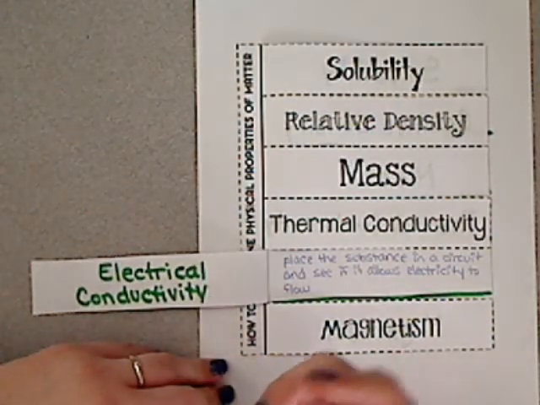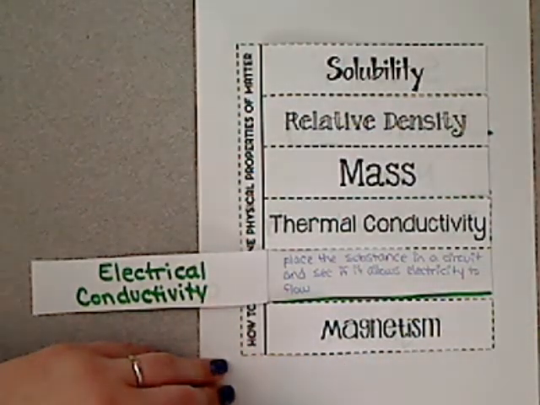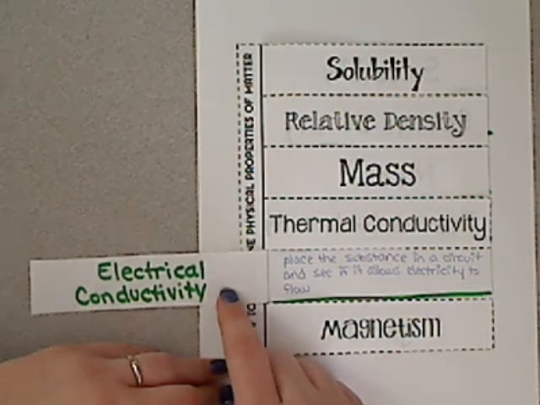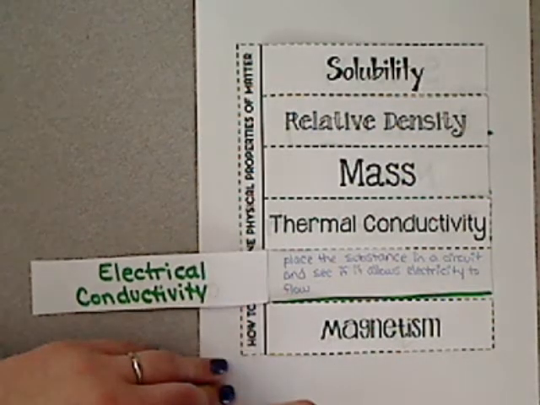But if you put, say, an electrical circuit and you put in a piece of orange sponge or a marble or a hot glue stick or a matte pencil, those things are not electrical conductors. They are insulators. So if the electricity flows, it has electrical conductivity. If it doesn't, it is an electrical insulator.